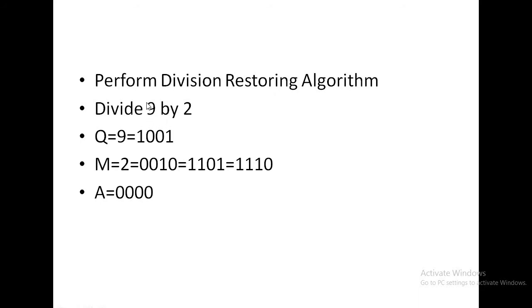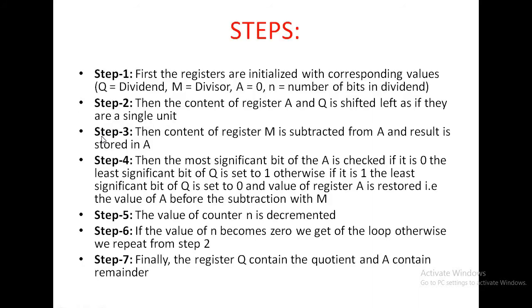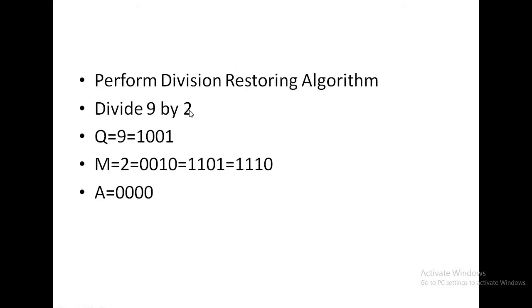Again, 9 is known as my dividend. That is the value of Q. Q is the dividend, and 2 is the divisor. In English terms, 9 is known as my dividend and 2 is known as my divisor.